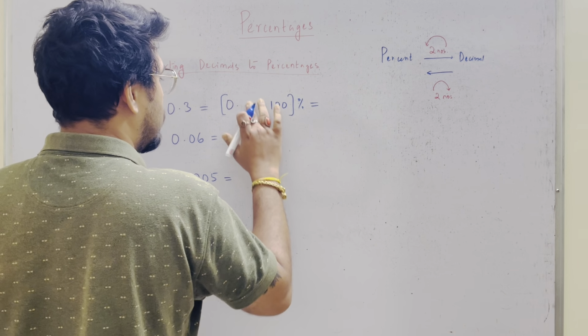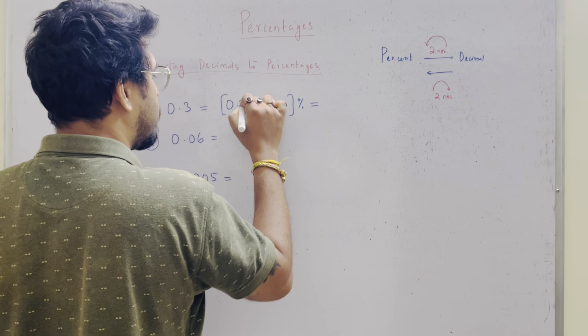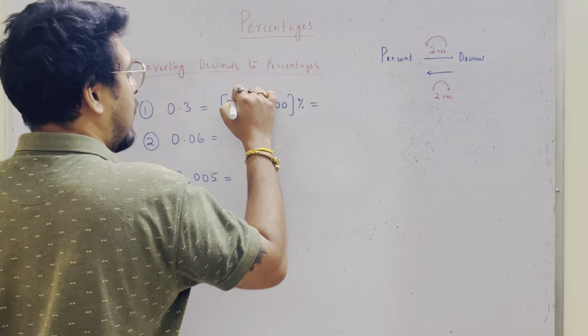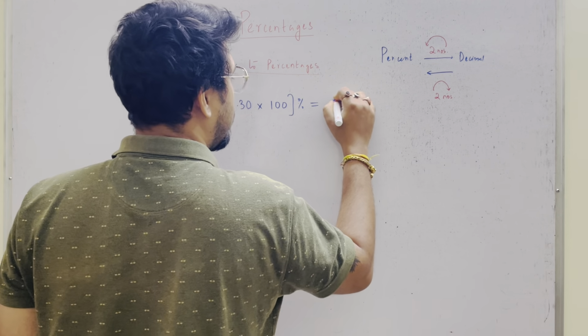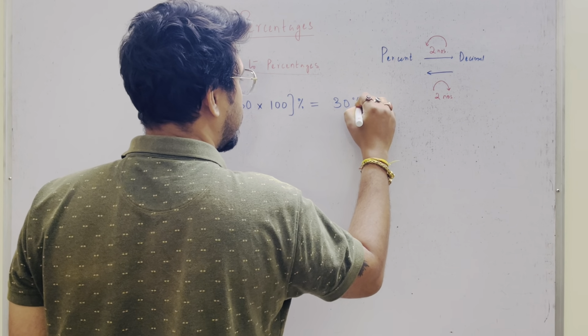There is only 3, so we make it 30, and we get 30%.